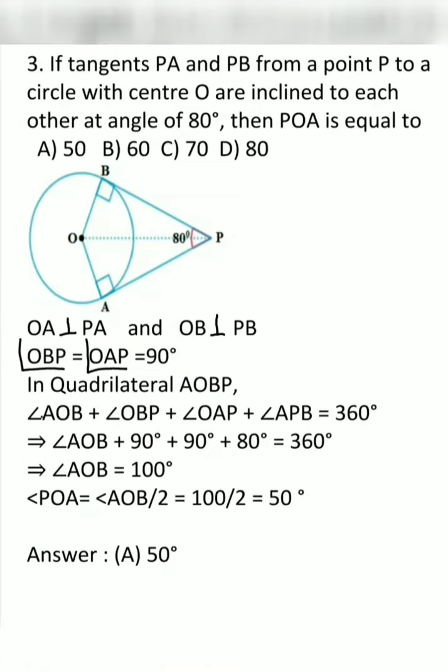Next question, third question. If tangents PA and PB from the point P to the circle with the center O are inclined to each other at an angle of 80 degree, then we have to find angle POA.